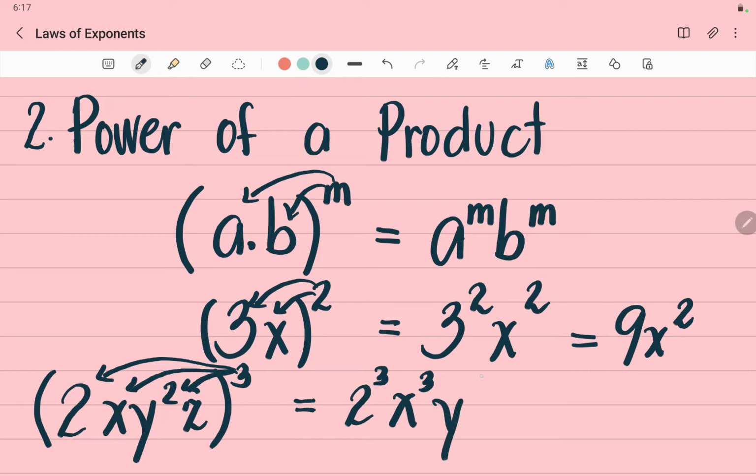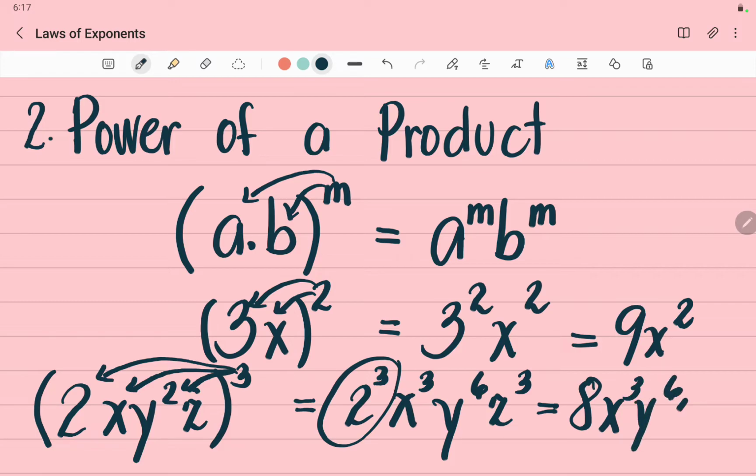So that is y raised to 6 and z cubed. For the final answer, 2 times 2 times 2 is 8, and then copy the rest. So we have now our final answer, 8x cubed y raised to 6 z cubed. Is that clear, students? Very good.